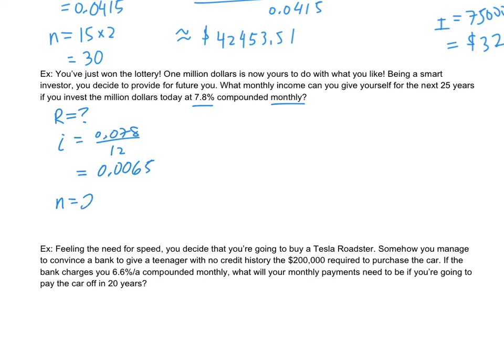N, well, we have 25 years and we're compounding monthly, which means we're going to take monthly withdrawals, so 12 times a year. That's 300 withdrawals in total. And I know my present value is $1 million. So I'll start off with my present value formula.